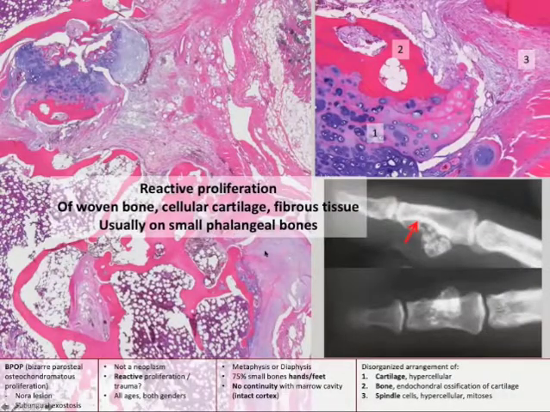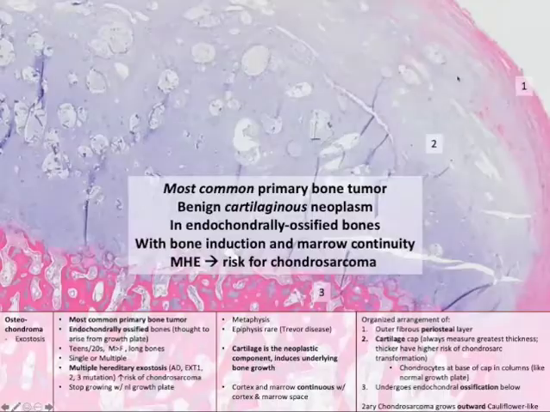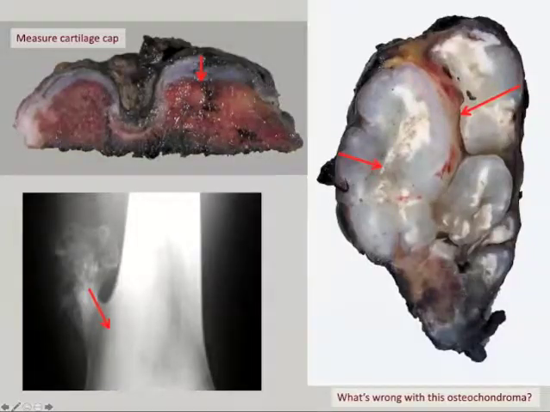Okay, the other cartilaginous thing of bone is BPOP, bizarre parosteal osteochondromatous proliferation, sometimes called Nora's lesion, subungual exostosis. This is a reactive thing, not really a tumor, on the small phalanges, that is a hybrid of kind of disorganized cartilage, disorganized bone, and disorganized fibrous tissue, in contrast to the osteochondroma, right, which is very structurally organized.